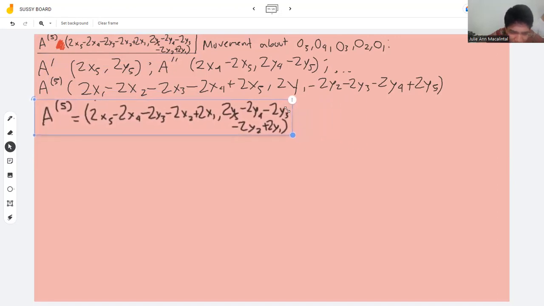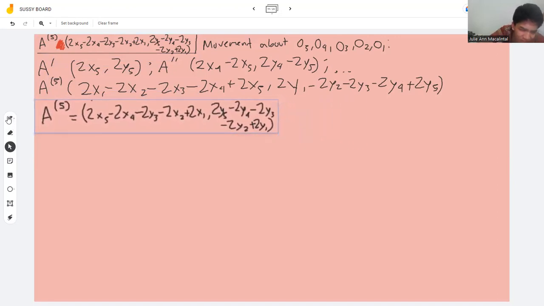So let's compare this with the one earlier. x5 is positive, x4 is negative, x2 is also negative, x3 is negative, x1 is positive, y5 is positive, and y1 is also positive, y2 negative, y3 negative, y4 negative.